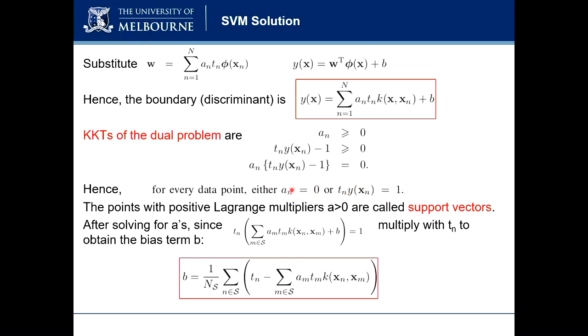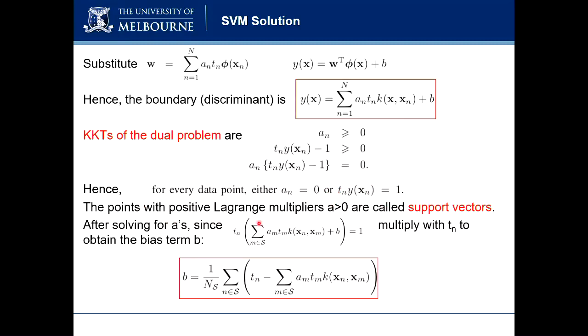So either the constraint is not active, remembering that a Lagrange multiplier of 0 means the constraint is not active, or I have tn y(xn) equals 1, but that means those points are closest to the boundary, as we discussed. So those are the points that are closest to the boundary.